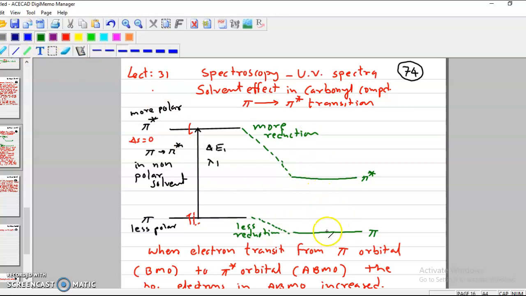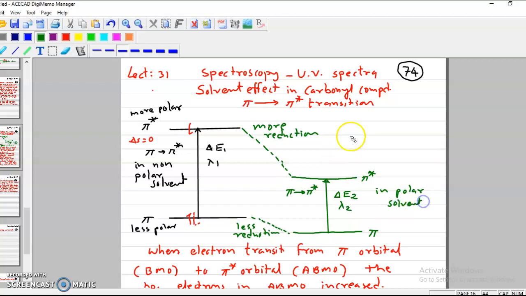Now when an electron transits from pi to pi star, the energy difference is very small, and therefore delta E2 will be less, and therefore lambda 2 increases. This is a pi to pi star transition in the presence of a polar solvent.